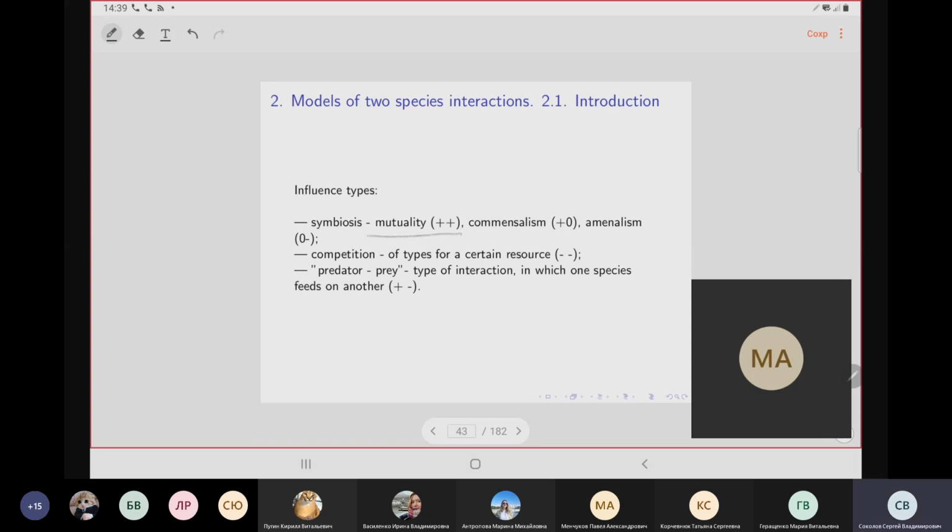There are some types of this interaction in the world of bacteria, in the world of trees. Sometimes different types of trees can coexist and help each other. For example, one type of tree can take some resources from the earth and produce another type of resources needed for another.